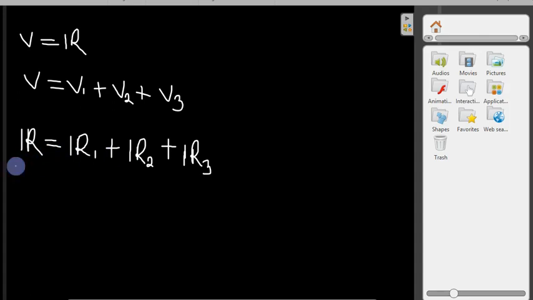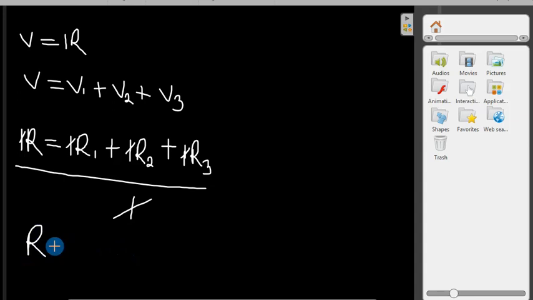Now if you look at this expression, you discover that there is one thing that is common. I is common, so we can divide this expression by I. It's like in the top part we had factorized I out, so when we divide it we get rid of all the I's and arrive at R is equal to R1 plus R2 plus R3.